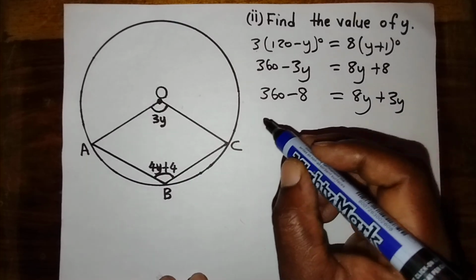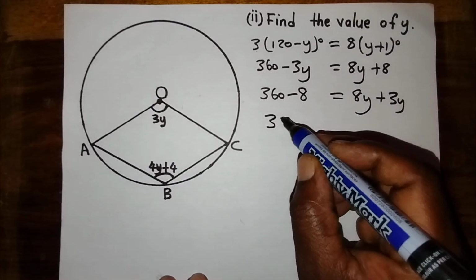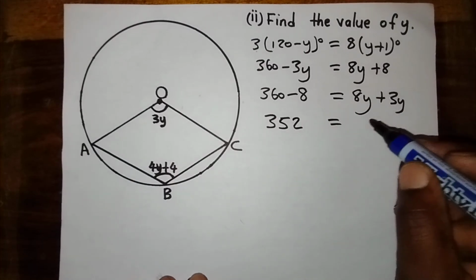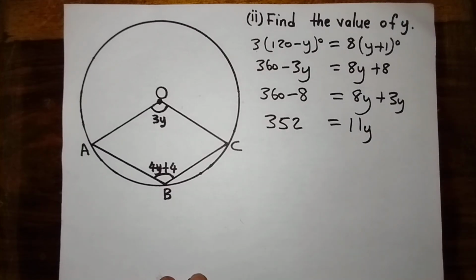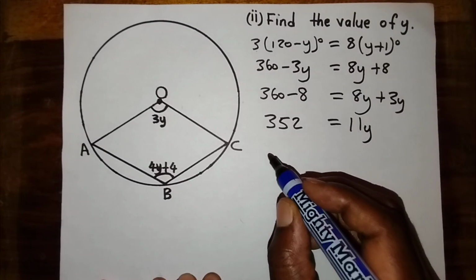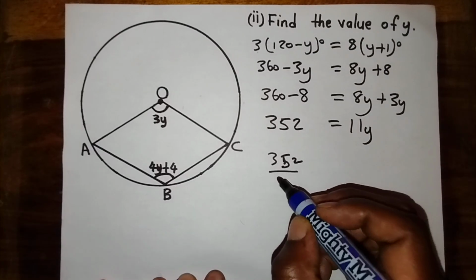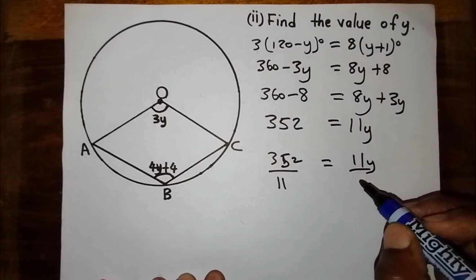Okay, so 360 minus 8, we get 352 equals 8y plus 3y, we get 11y. Then we divide both sides by the coefficient of y, which is 11 in this case.